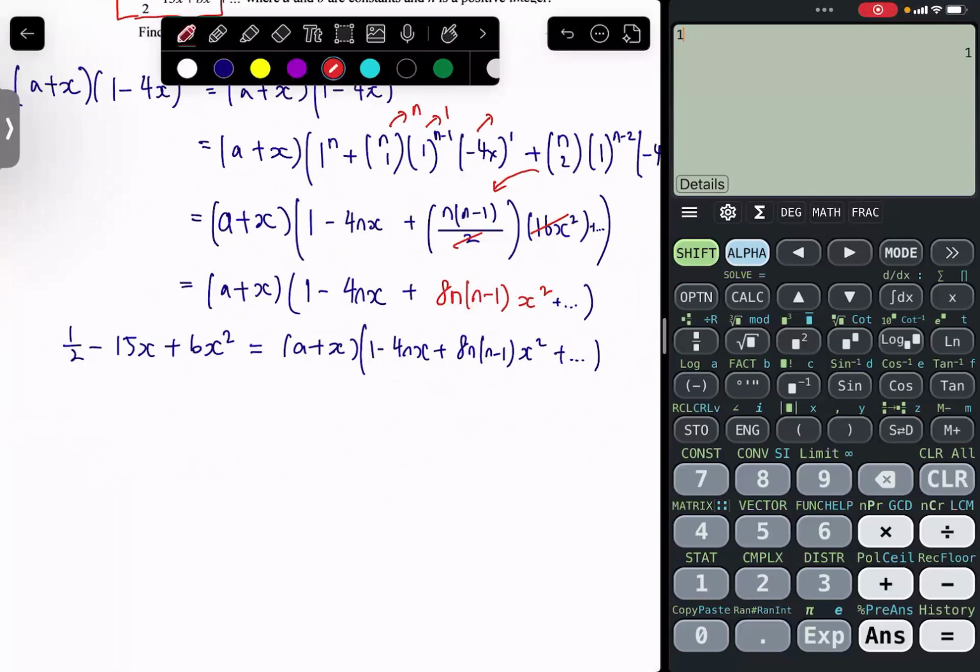The number term is only possible with a multiplied by 1, so a equals 1/2. Now, what are we solving for? a, b, and n.